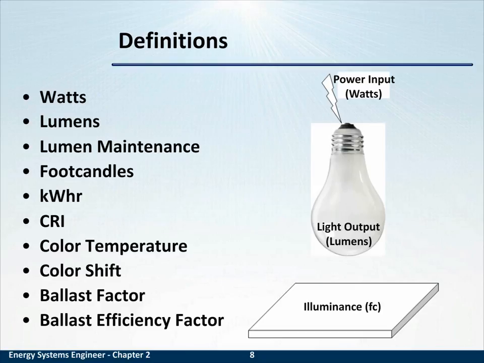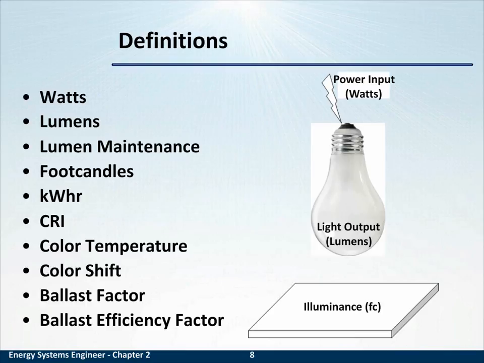How much light can you make per watt? In contrast, foot candles will be the measure of the effectiveness versus the efficiency. How effective is your lighting system at delivering light to the surface where you need it?